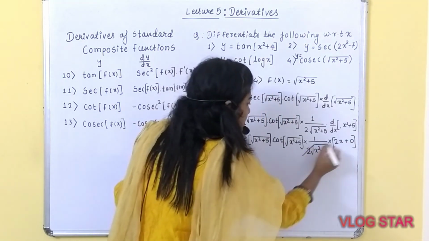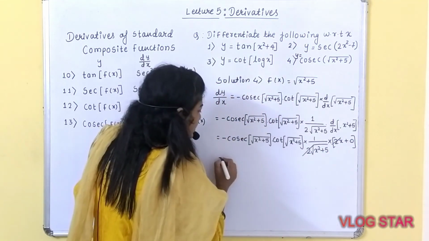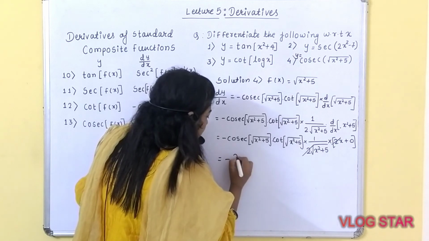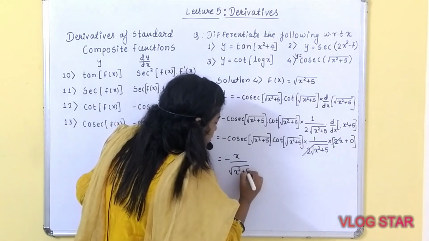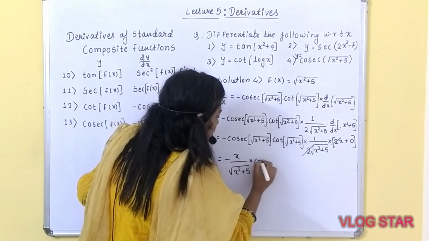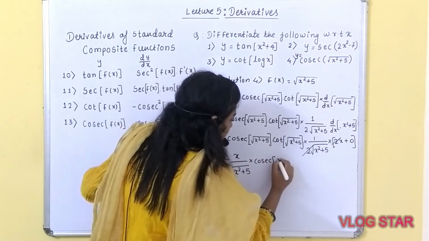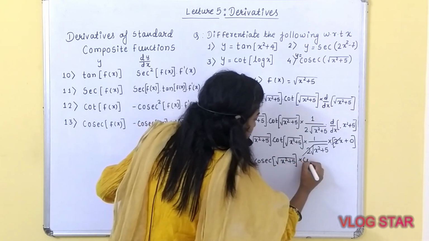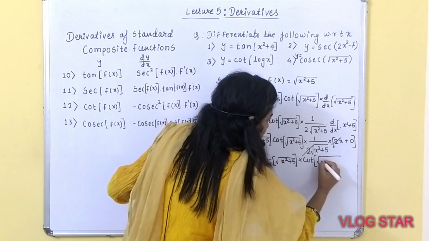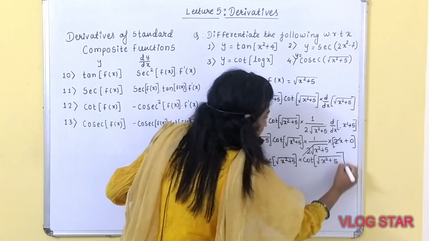So this 2 and this 2 will get cancelled. So the final answer is minus x upon under root of x square plus 5 into cosec under root of x square plus 5 into cot under root of x square plus 5.